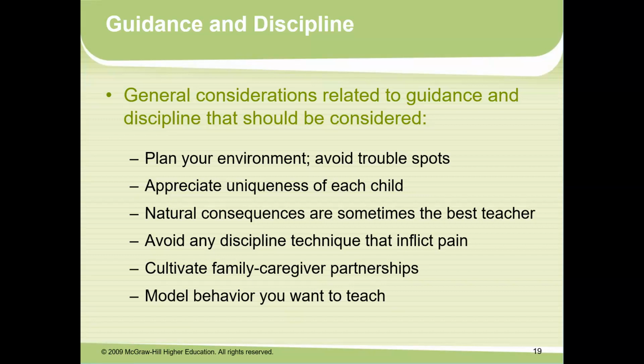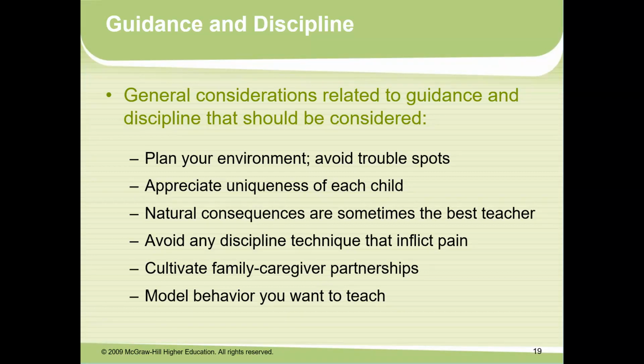General considerations related to guidance and boundary setting that should be considered. Plan your environment. Really utilize the environment as a third teacher. You want to create an environment of yes. Limit no's. Okay. Avoid trouble spots, meaning if you know that there is a beloved area or toy, make sure there's multiples of that toy.